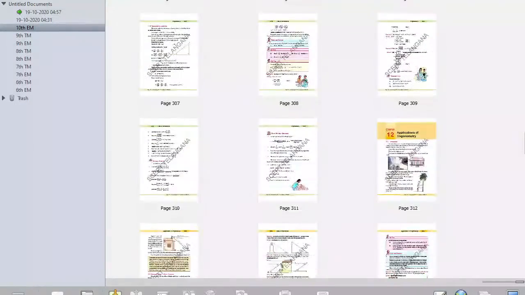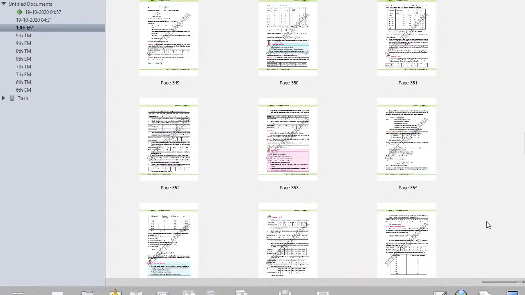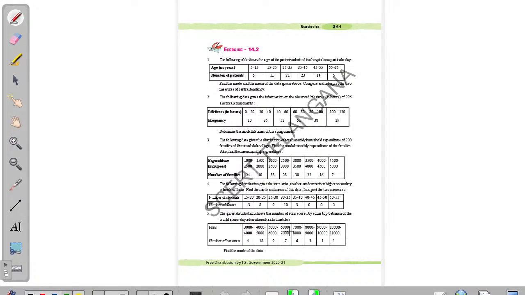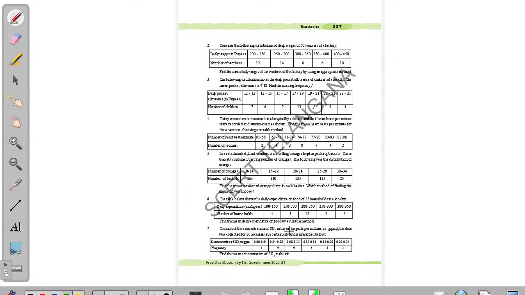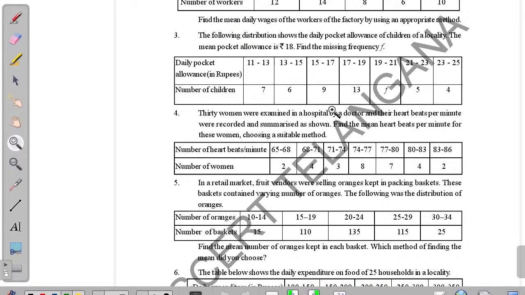In 14.1 exercise, yeah, here is one important problem. Observe this problem.